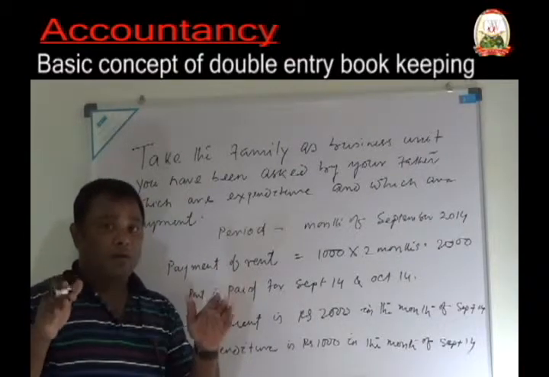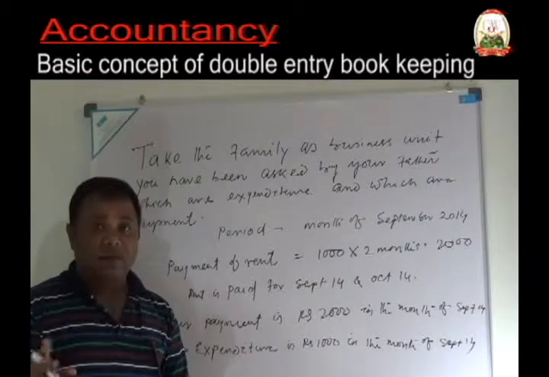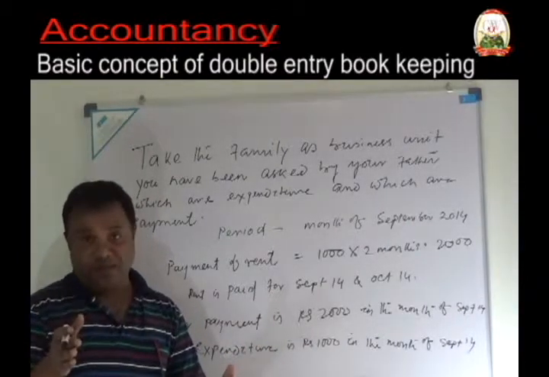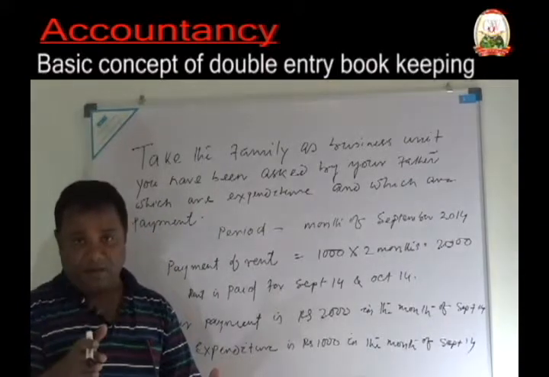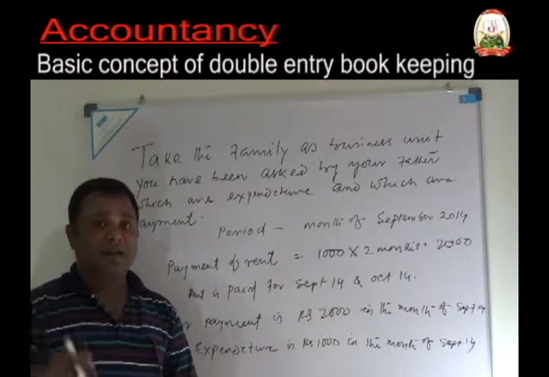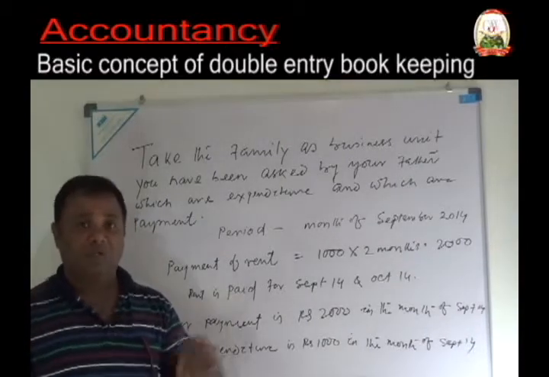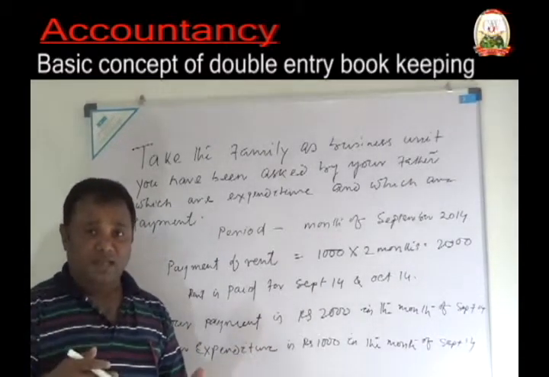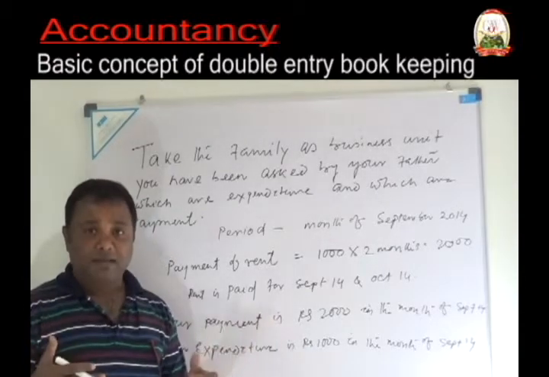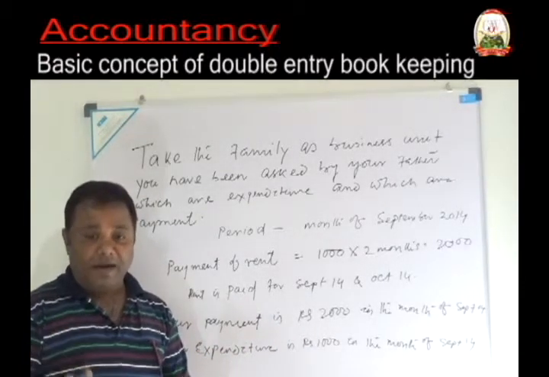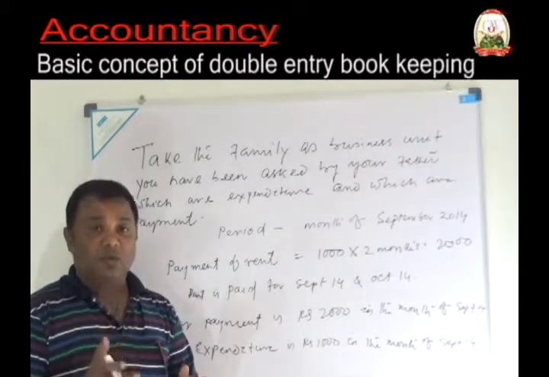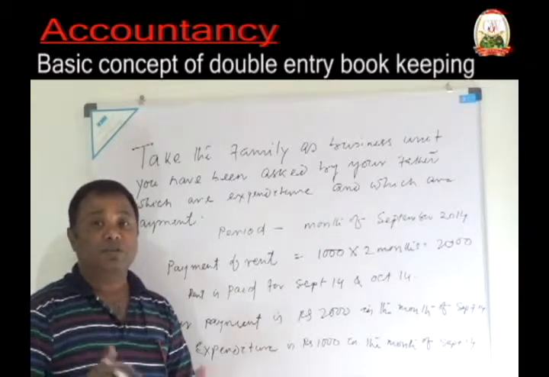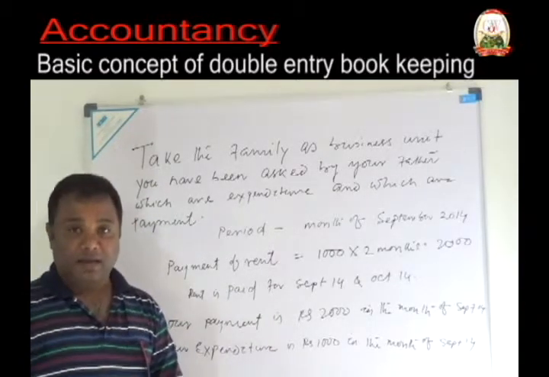Because while you go for describing expenditure as well as payment, you have to determine what your period is first. Your period is September. Similarly, if you have been asked to decide what is your expenditure and what is your payment in the year 2012, you have to take into consideration different payments, and out of that you find the extent to which the payment has expired and the extent to which it has not yet expired.